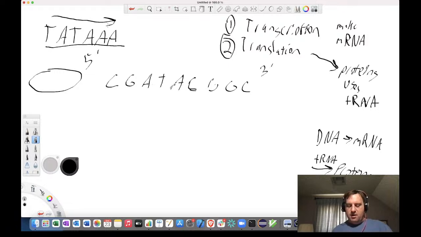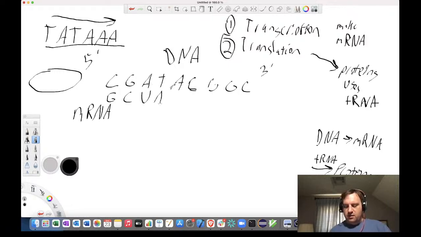So let's say that we have all the header stuff, and we're moving along. What happens is mRNA will synthesize a corresponding transcript according to what's in the DNA. So if this is our DNA, the mRNA will get complementary pairs. All right, now instead of thymine, you get uracil.